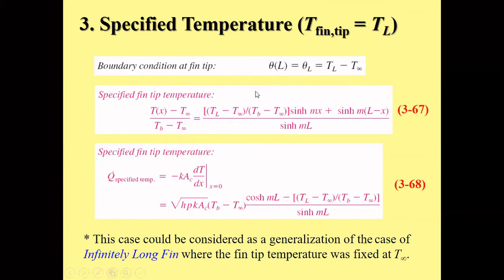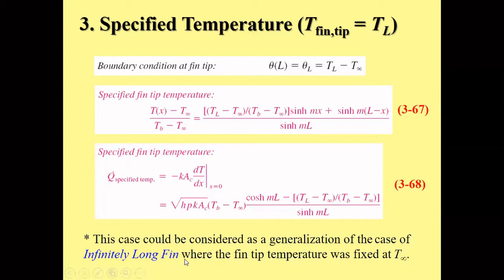So this would be the case where the fin is not too long, or maybe it's a short fin, for example, so that there is still a temperature difference with the ambient. Okay. And then, as usual, you obtain the general solution. You got this, you got sinh here, and then differentiate it again and put it into Fourier's law. You get this equation. Okay.